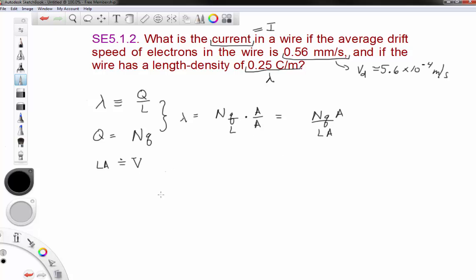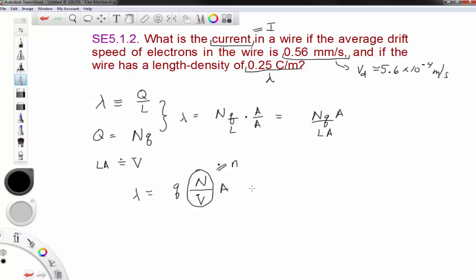So put all this together, and what you have is that lambda is equal to Q times N over V times the area. Well, N over V by definition is little n, because little n is the number of charge carriers per unit volume, and that's what the N and the V represent, number of charge carriers and volume.